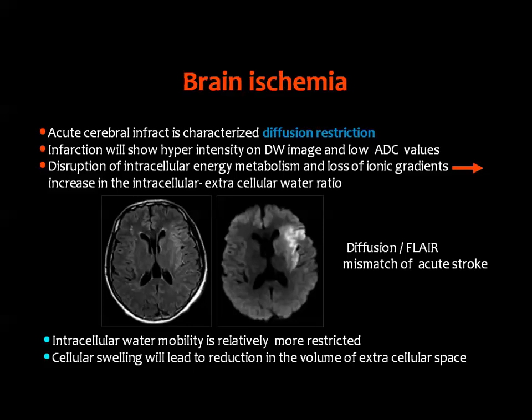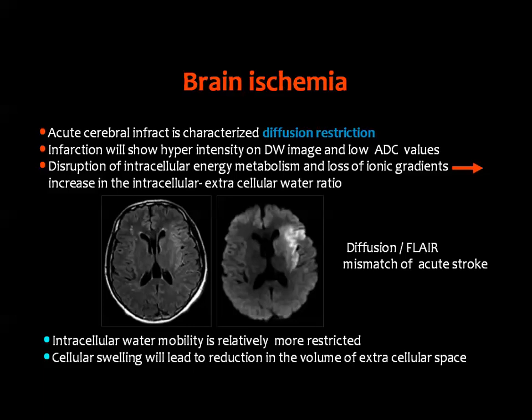This will result in two issues. Number one, the cell will swell, and the swelling of the cell will decrease the extracellular space. Number two, the extracellular water will decrease. Then by logic, you know that there should be diffusion restriction.